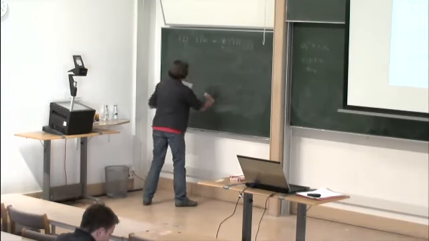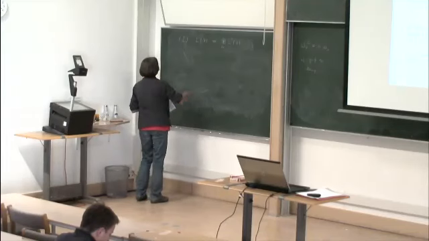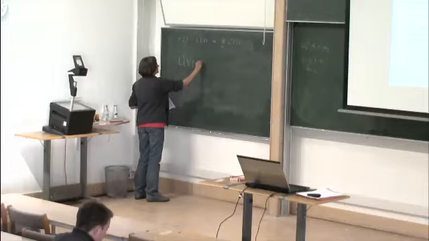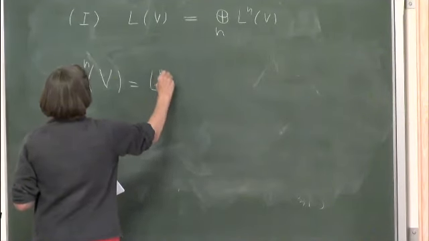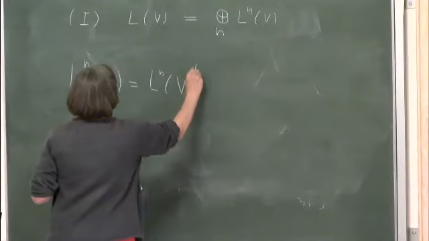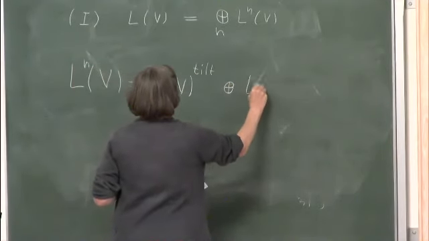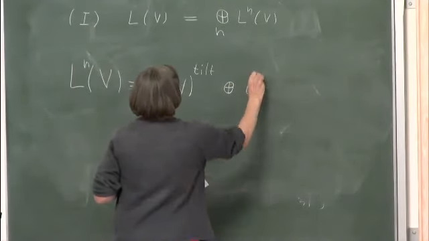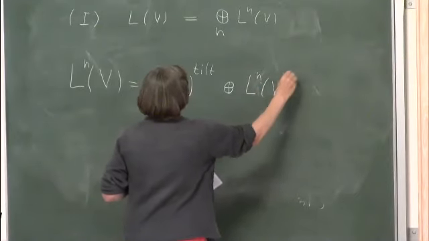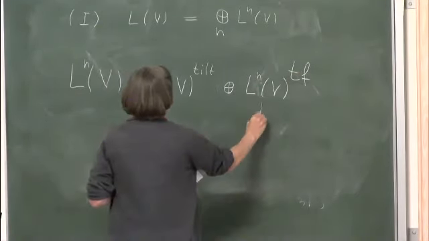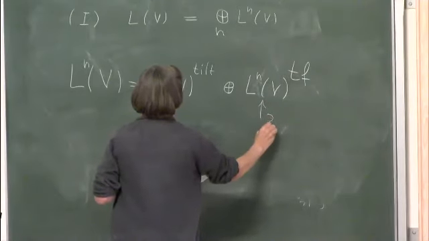Okay, so this tells us something about tilting summands. You can write L^n V as a part which is a tilting summand, maybe call it tilt, and some part which is not a tilt, which is tilting free, TF. And really the interesting thing is, what is this one here?